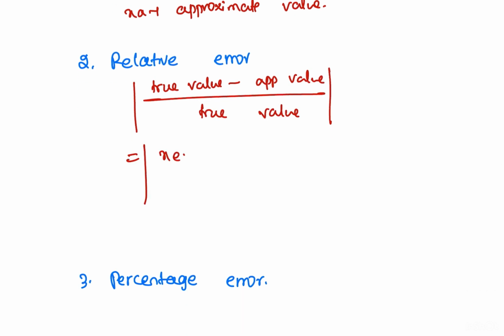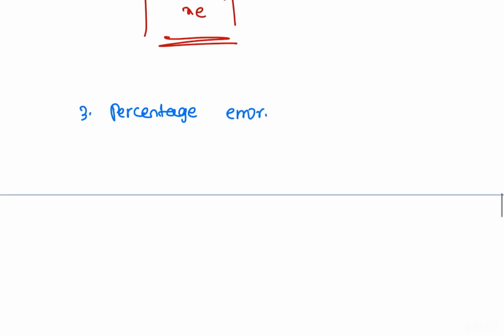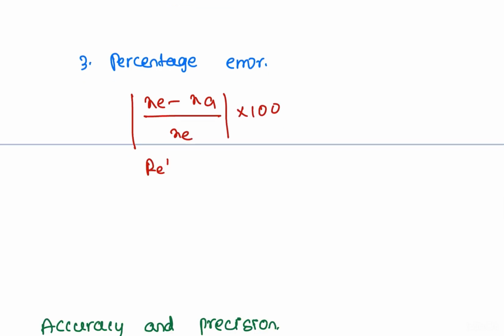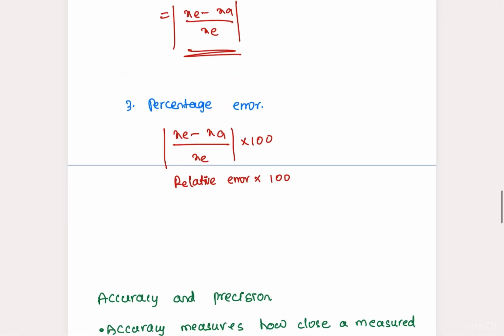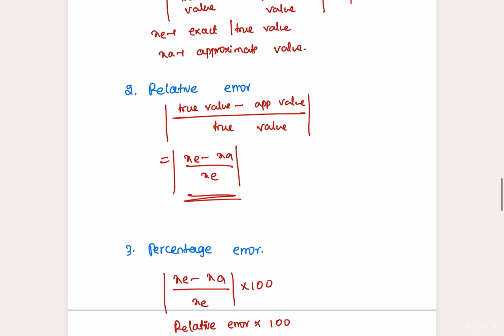This is (xe minus xa) by xe into 100. We can write it as relative error into 100. This is how errors can be measured: absolute error, relative error, and percentage error.